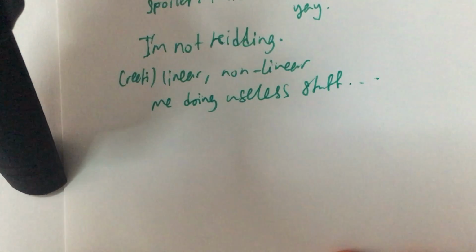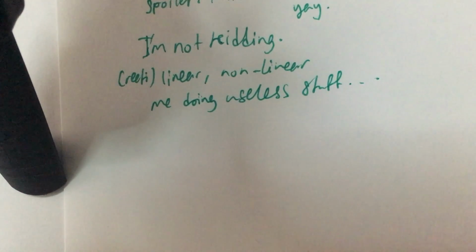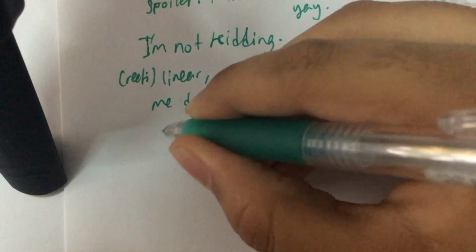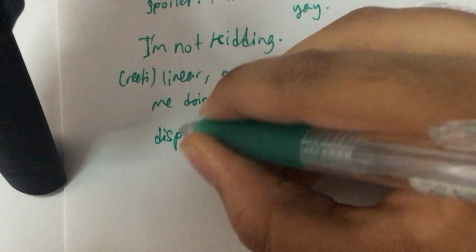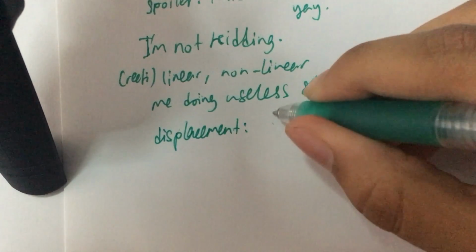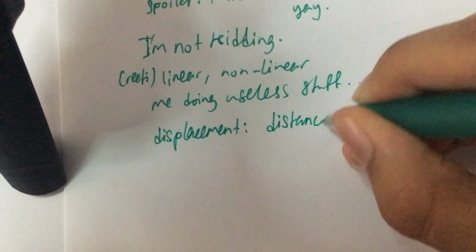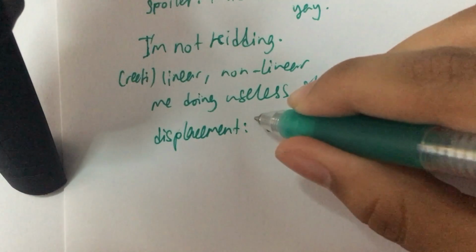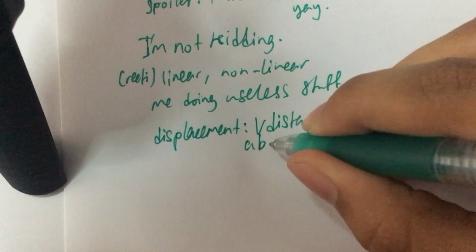Can I trust you all to actually know the definitions of all this? I'm just going to cover it really quickly. Displacement is the distance between your starting point and your ending point, your point of origin and your current point. It also comes with a direction, so it's either negative or positive based on your point of reference.